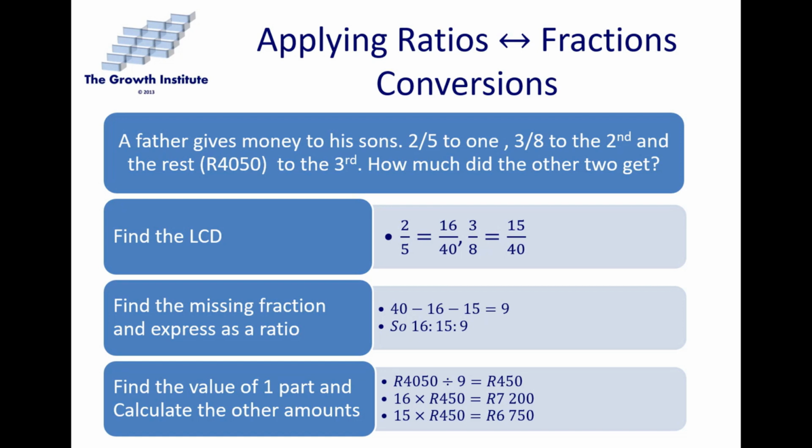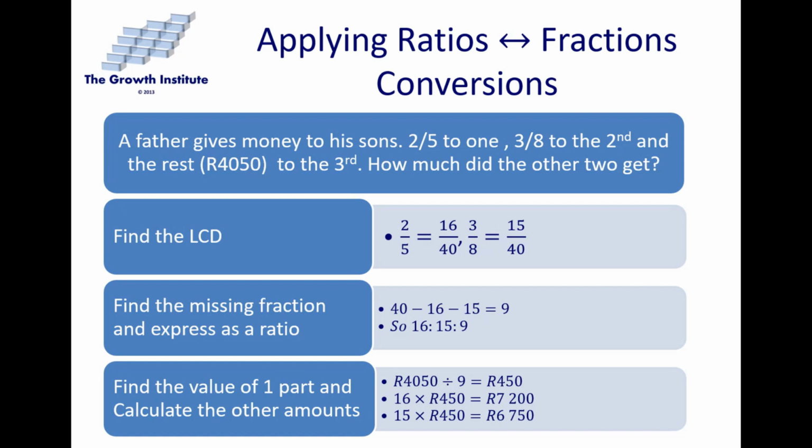So we find the value of one part and calculate the other parts. Now we know that the son who in this ratio got 9 parts got 4,050 Rand. It was given to you there at the top. So now we say 4,050 divided by 9 gives me 450 Rand. That is the value of one part in this ratio.